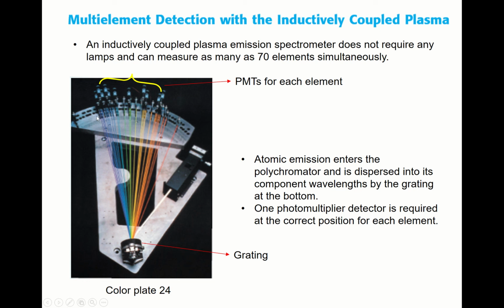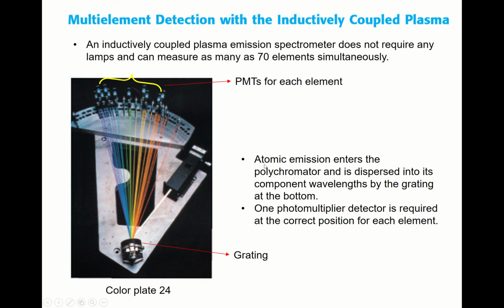Now, how many photomultiplier tubes are there? 1, 2, 3, 4, 5, 6, or maybe more than 10. Since each element emits specific radiation of different wavelengths, you can measure as many as 70 elements simultaneously.